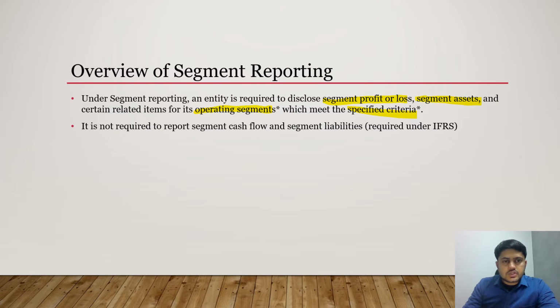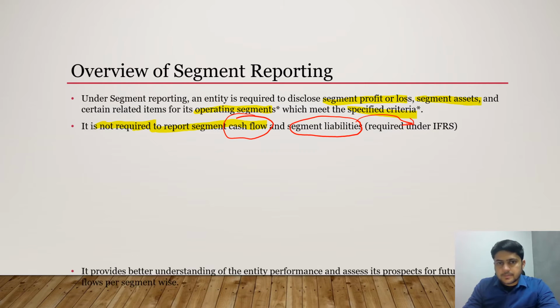So it is not required. This is an important point. It is not required to report segment cash flows. So reporting of cash flows is not required, and reporting of segment liabilities is not required. Segment liabilities is required under IFRS only. So we are covering IFRS also here.